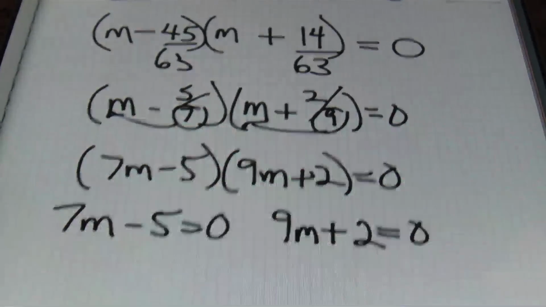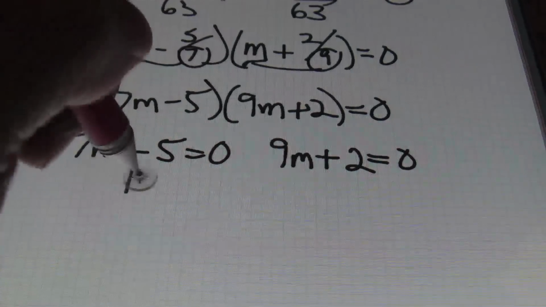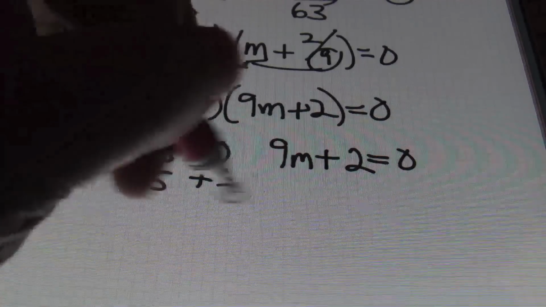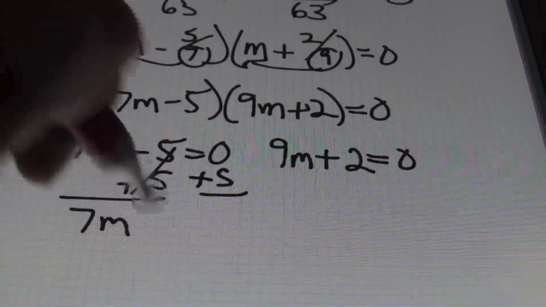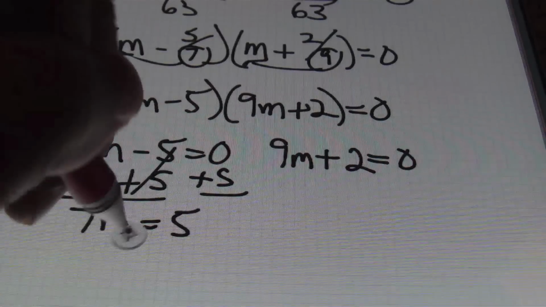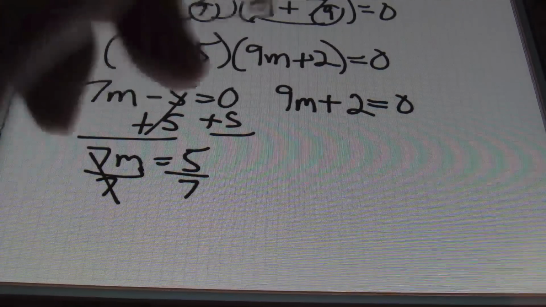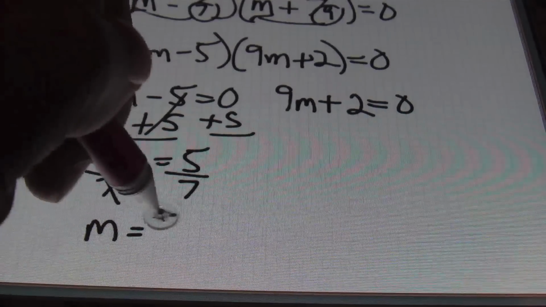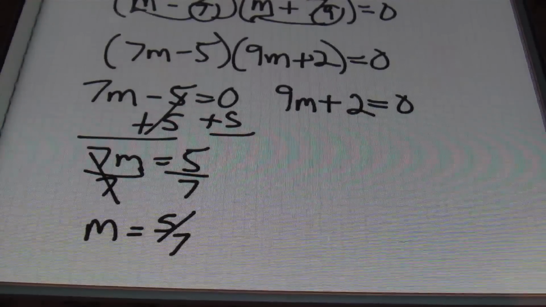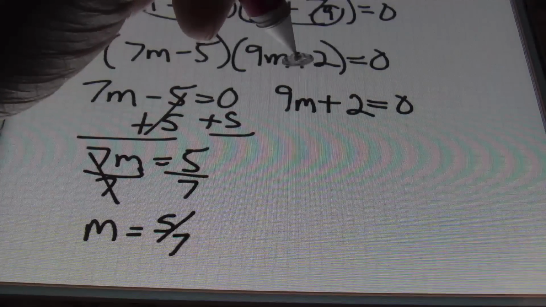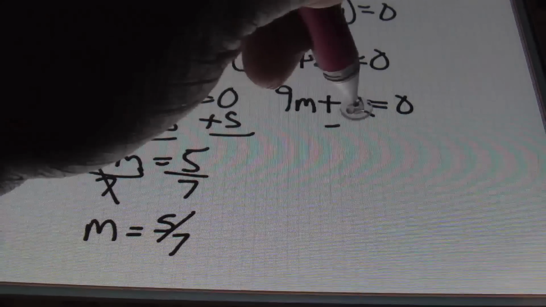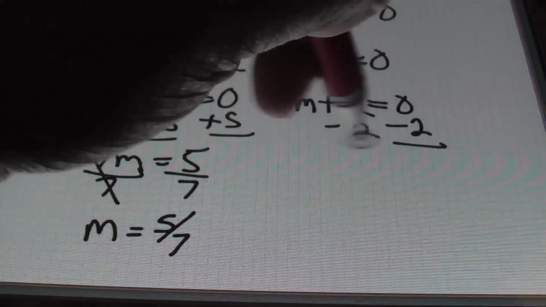And then, solving for each one of these, I'll add 5 to both sides in the first equation. That gives me 7m equals 5, and then I'll divide both sides of the equal sign by 7 to give me m equals 5/7. So that's my first solution I got. Then, in this second equation, 9m plus 2 equals 0, I'll subtract 2 from both sides of the equal sign.